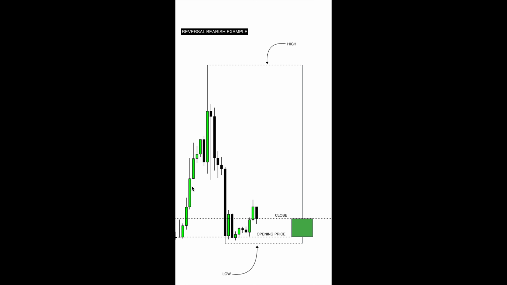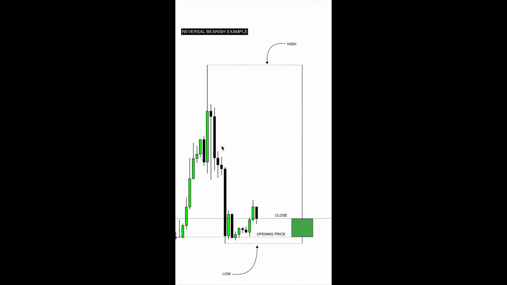up here. It looks like it's going to form a directional candlestick, and then we just get a quick reversal to the downside. So price moves higher, forms the high of the day, which is the high of the candlestick, but then we get a quick snap to the downside, and that's why this long wick is formed.